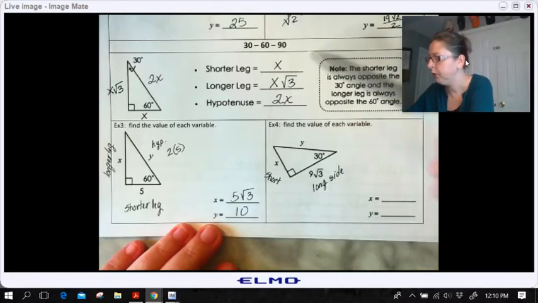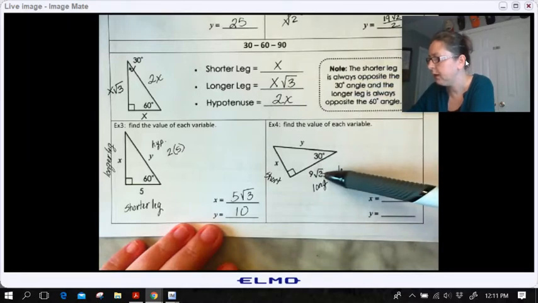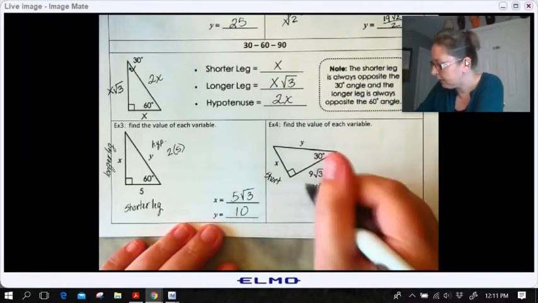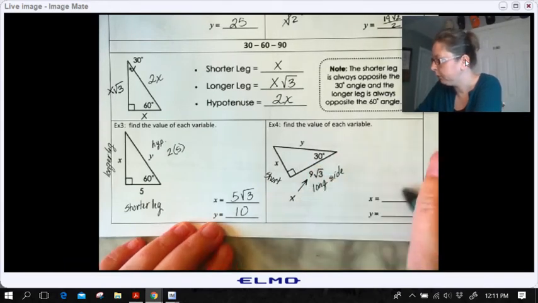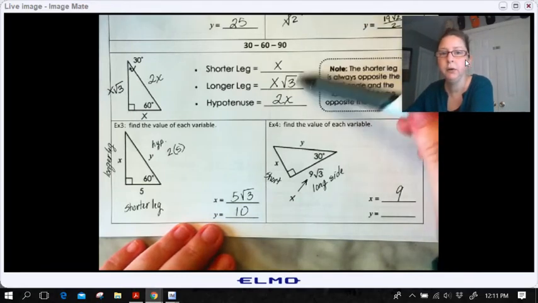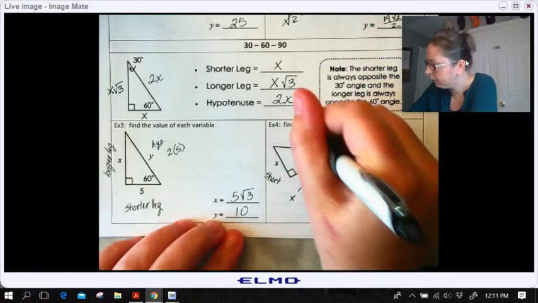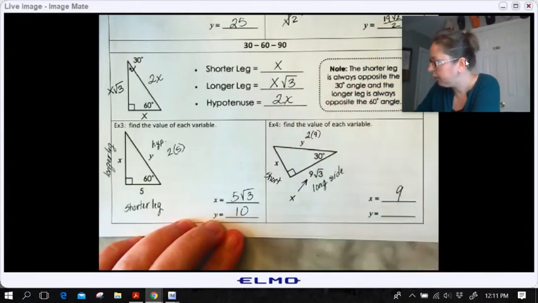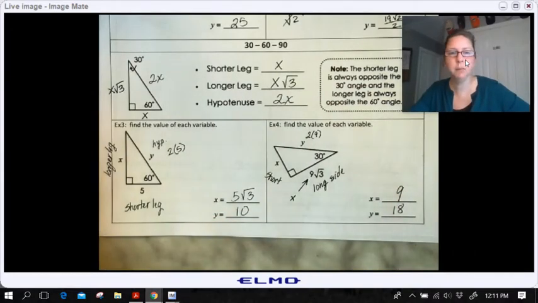If you take a look at here, the longer leg would be x square roots of 3. So that means that the x in this case is 9. Now to find my y, which is the hypotenuse, I would do 2 times 9, which is 18. And that's it. I'm all done.